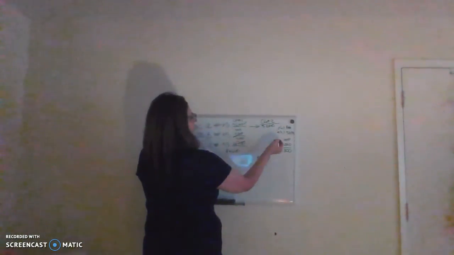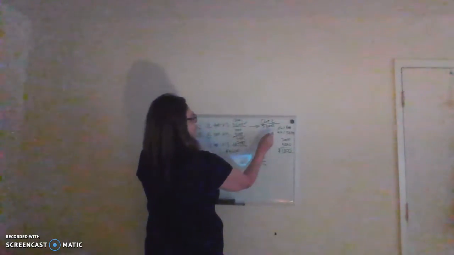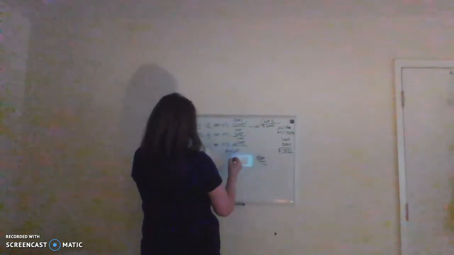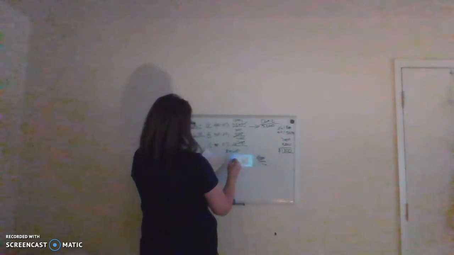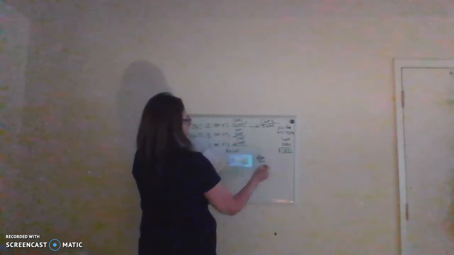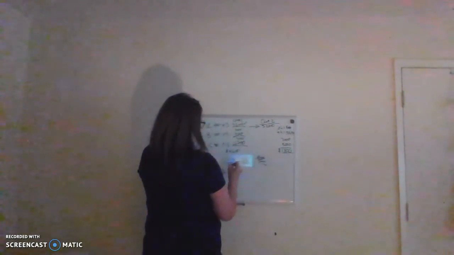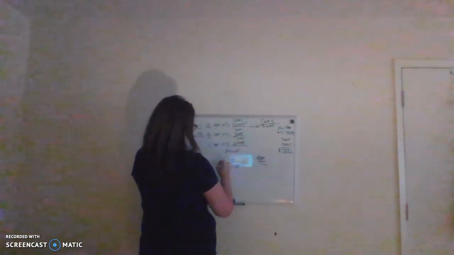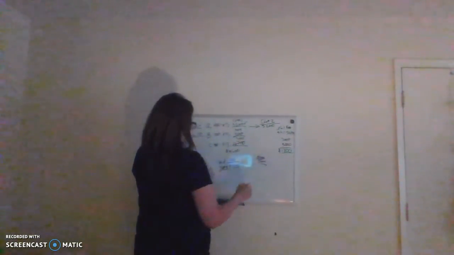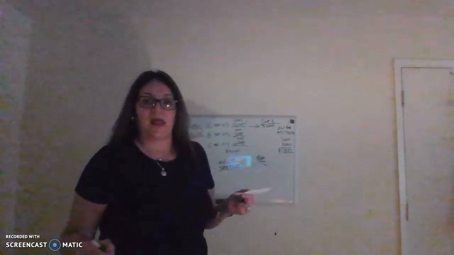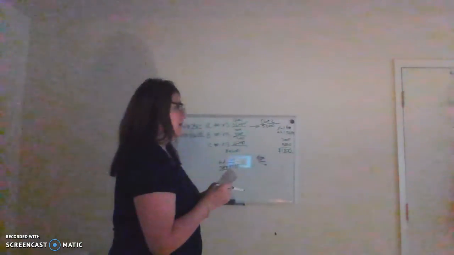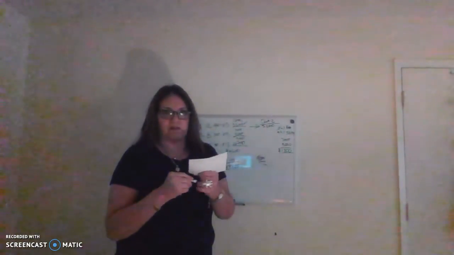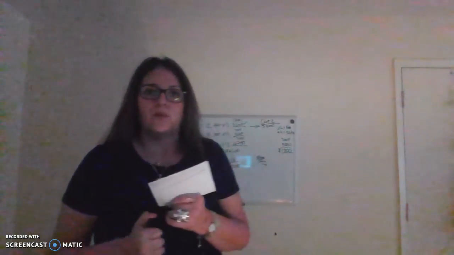So if we multiply 1,800 times 0.06, gives us $108, and 1,800 times 5.4 gives us $97.20 for the SUTA. So again, we go ahead and send that to our agencies, and that's how we would do each quarter.